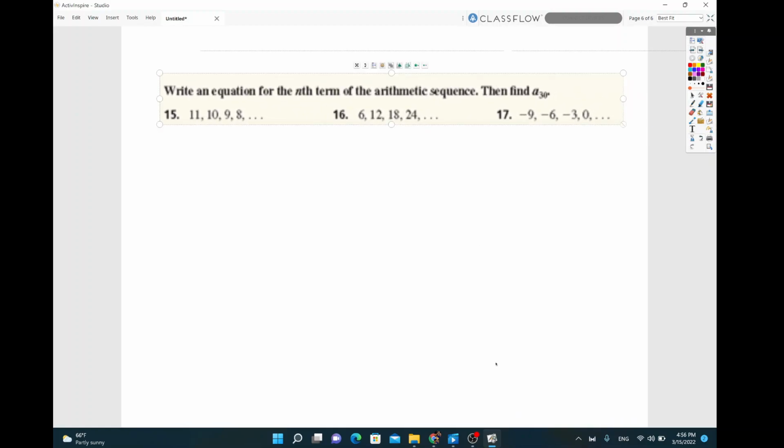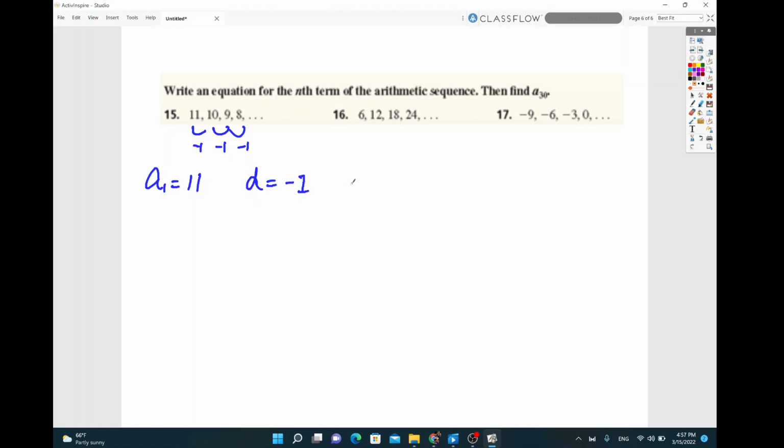Write an equation for the nth term of the arithmetic sequence, then find the value of a sub 30, the 30th term. Start with 15. From 11 to 10 we subtract 1, from 10 to 9 we subtract 1, 9 to 8 minus 1. So a sub 1, the first number, is 11, and the common difference is negative 1.